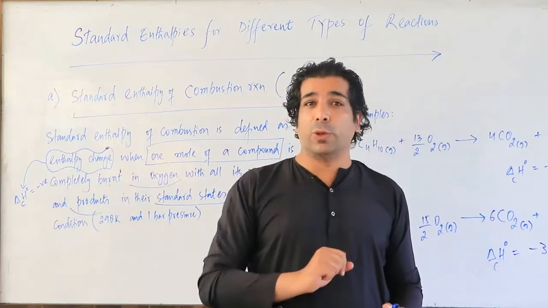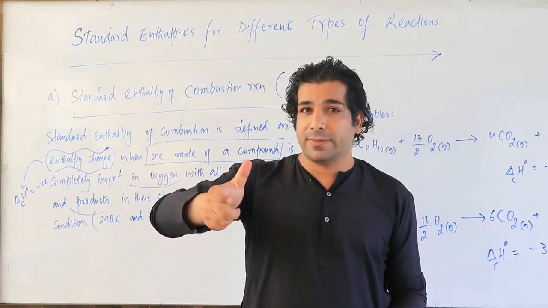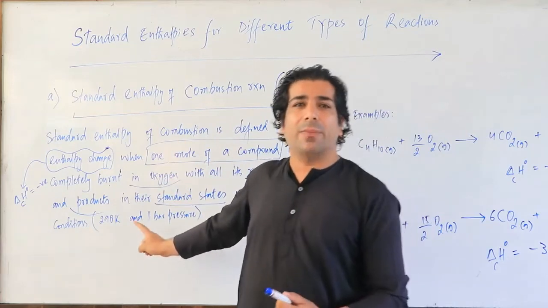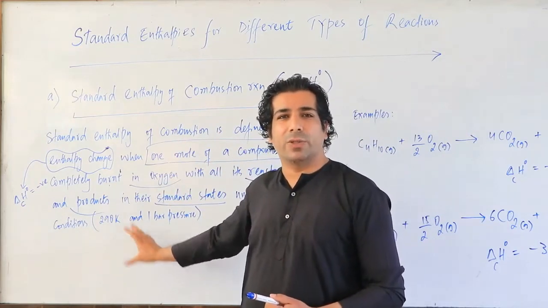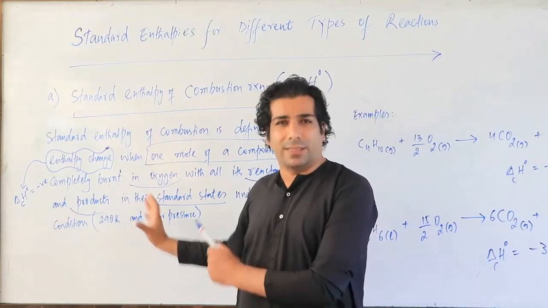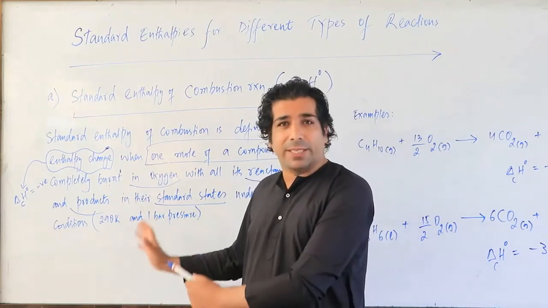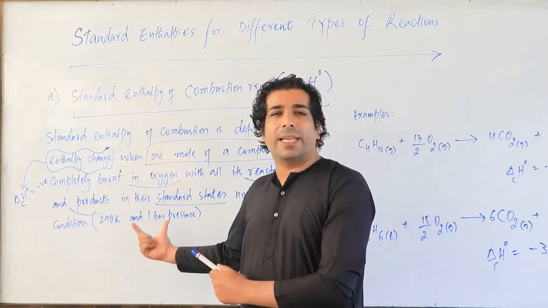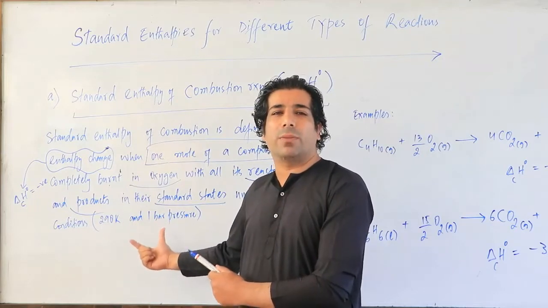But I also told you that it varies. Yes, the temperature of interest can vary. But here I am keeping it as 298 Kelvin. So this 298 Kelvin is a constant temperature, and it's my temperature of interest for these combustion reactions. And I am carrying out these processes at 1 bar pressure.